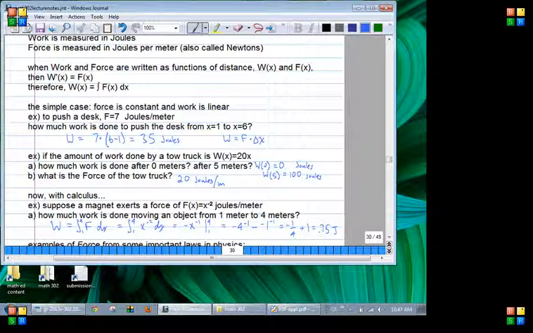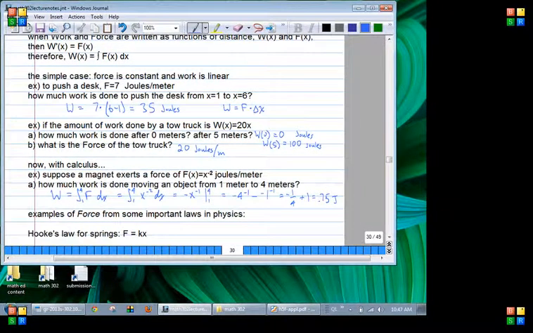I don't expect you to memorize any physics formulas. To the extent that you ever have to use any of these, I'll give them to you. But a lot of people in here are also interested in physics, so it's always nice to see how this applies to fields of science. So let's go. Hooke's law for springs. F equals kx.